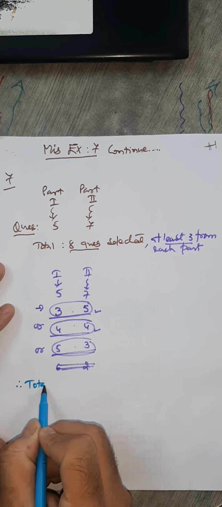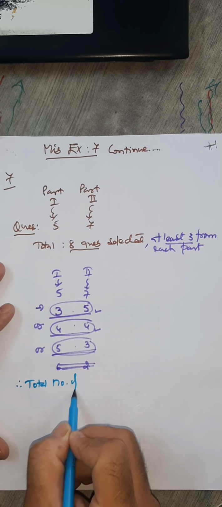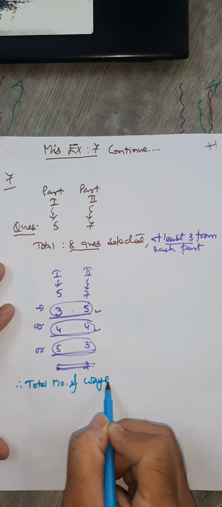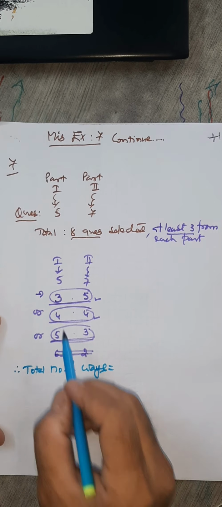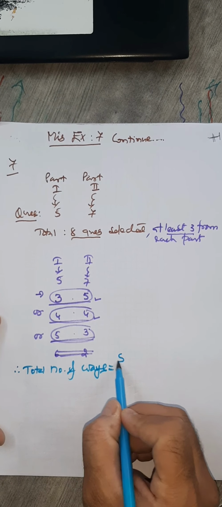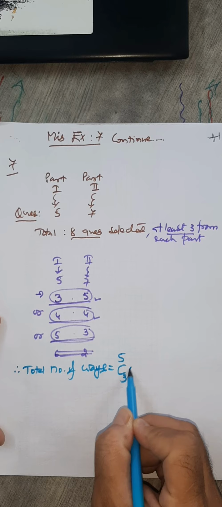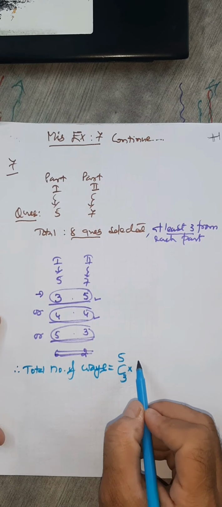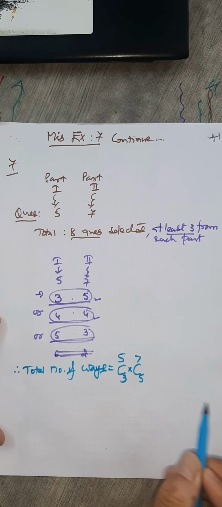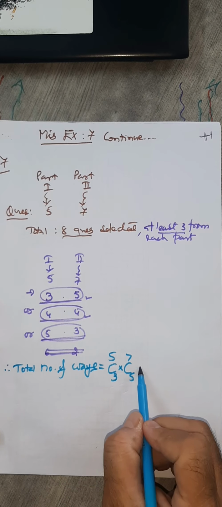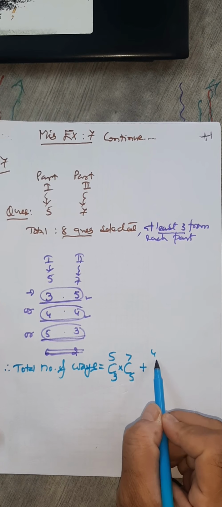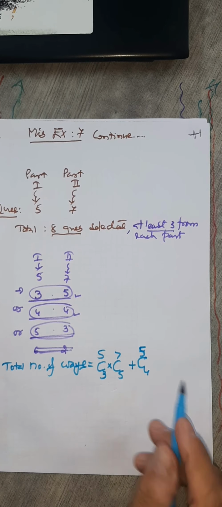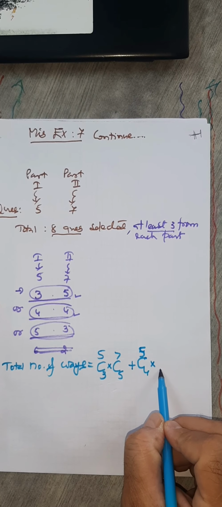Therefore, total number of ways equals, here 3 should be from 5. So it can be done in 5C3 ways. AND means into, 5 from 7, so 7C5. Or, OR means plus. 4 should be selected from this out of 5, so 5C4. AND means into.